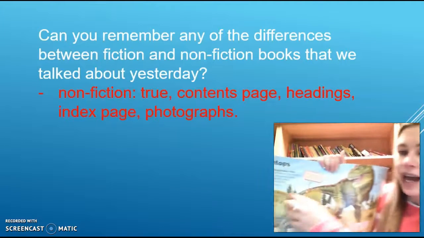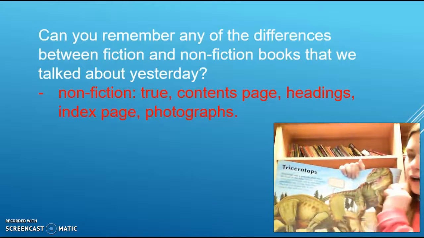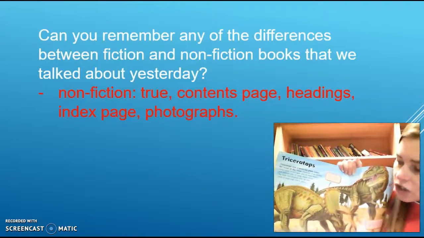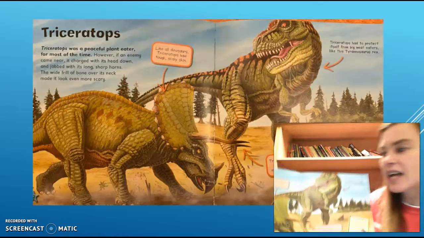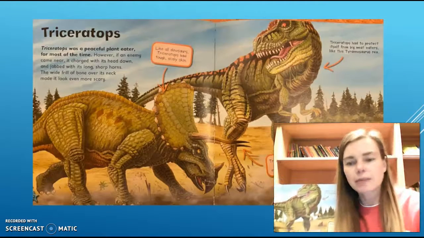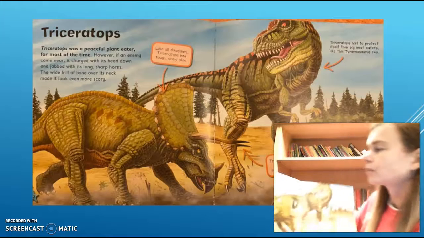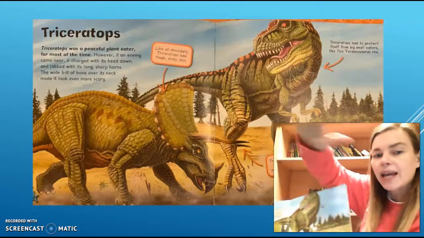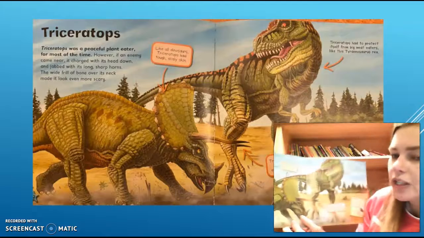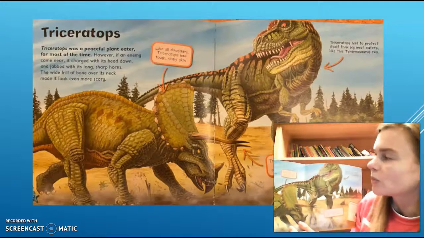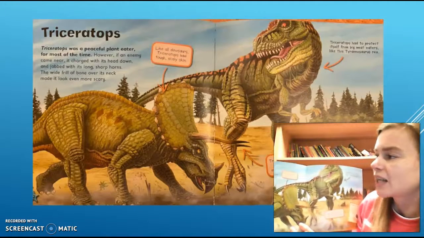And there we go, we have the heading Triceratops at the top of page 12. Well, we're just going to have a read of this page together to see what we can find out about the Triceratops. And there's a big picture of this page on your screen too. So it says, Triceratops was a peaceful plant eater.